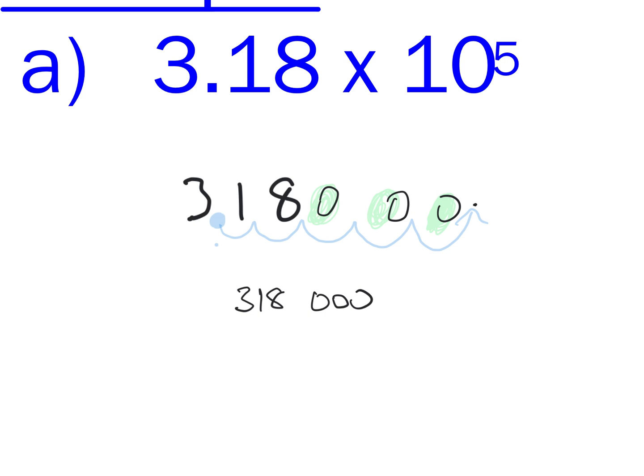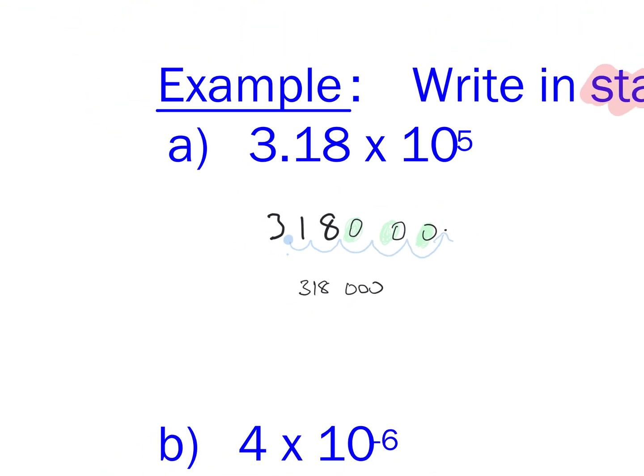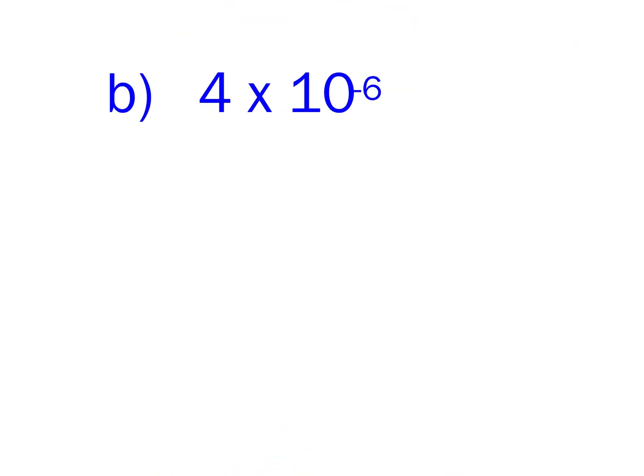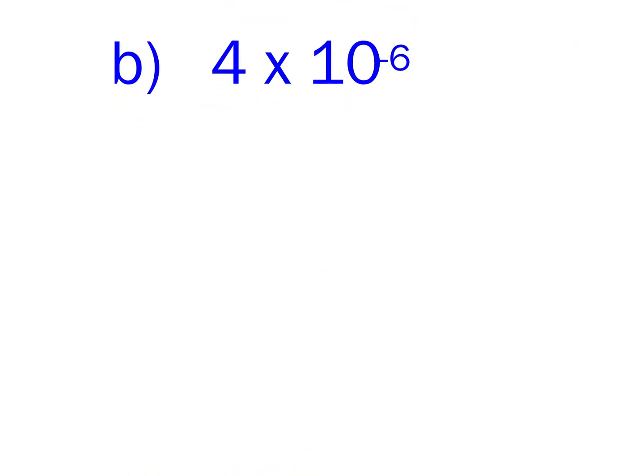Okay, so let's try question B. 4 times 10 to the exponent negative 6. So it's negative. So which way are we going to move the decimal, left or right? Correct. So we're starting off with a 4.